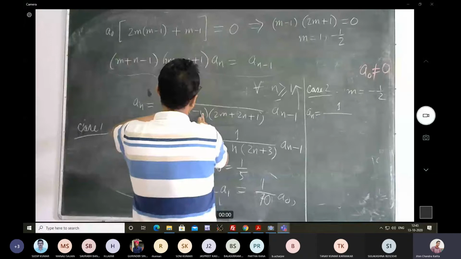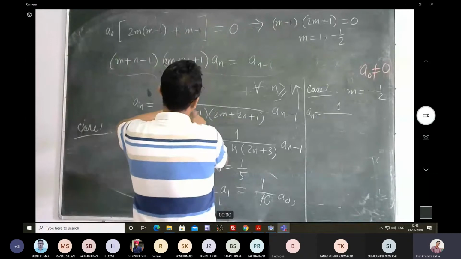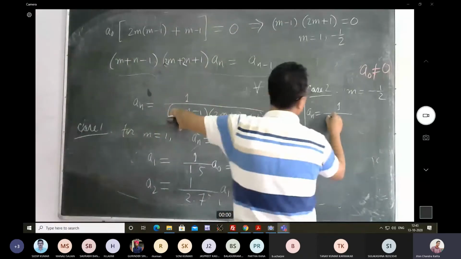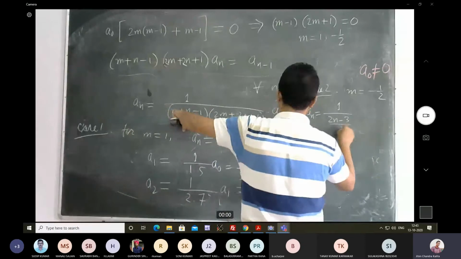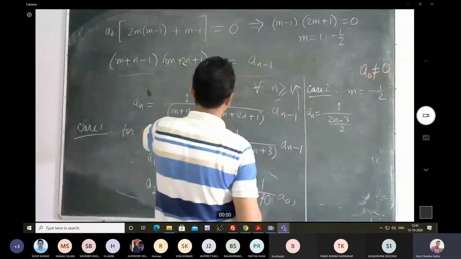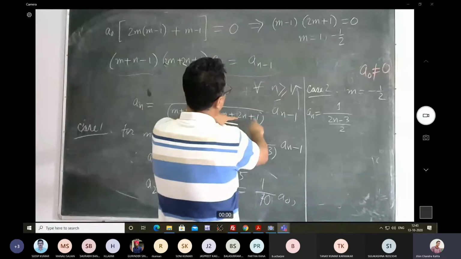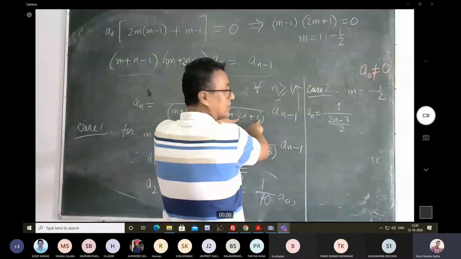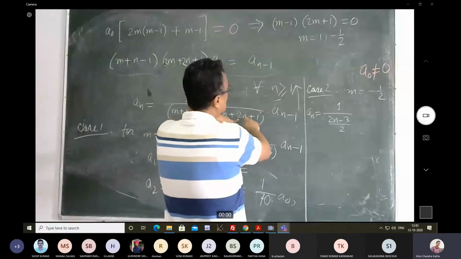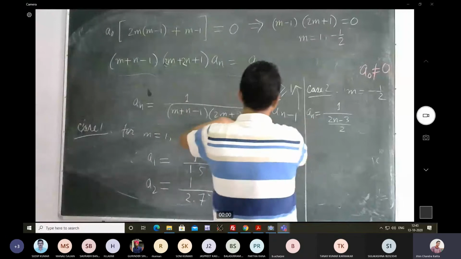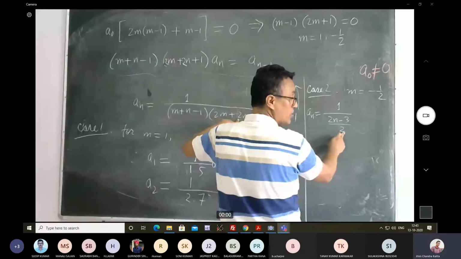So this is 2n minus 3 by 2, and then minus half, this is going to be minus 1, and 1. This goes out, right? I'll be left with 2n. This 2n with this 2, it will go out.